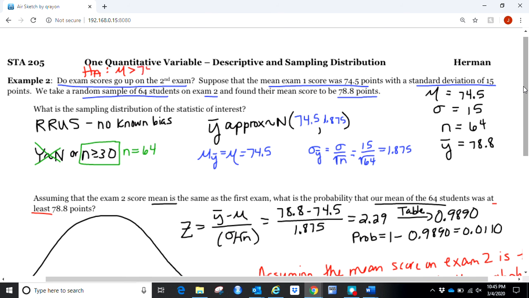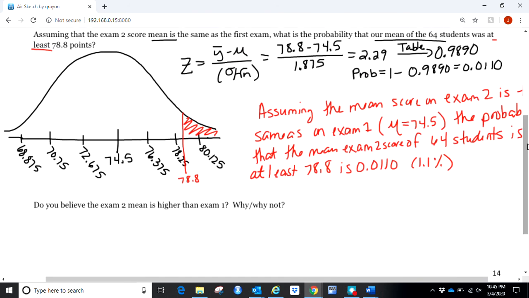Well, the mean on exam 1 was 74.5, so I want to see, well, is the mean of exam 2 higher? So I really have this alternative hypothesis that I want to test. And what I've calculated here as my probability is really just a p-value as well. And we've seen those ideas before, not in the same context, but we've seen these ideas.